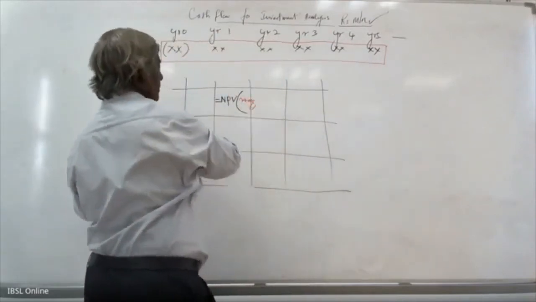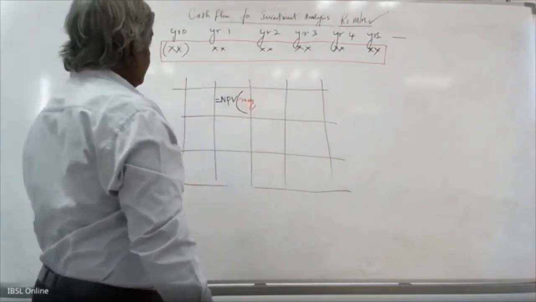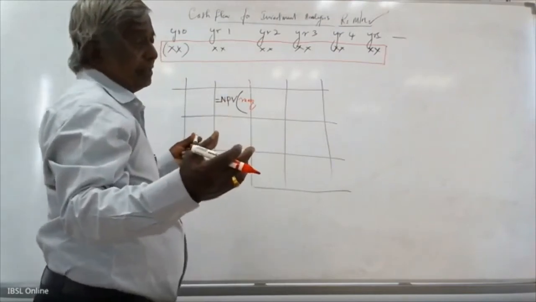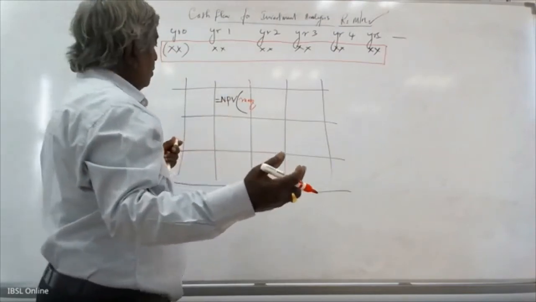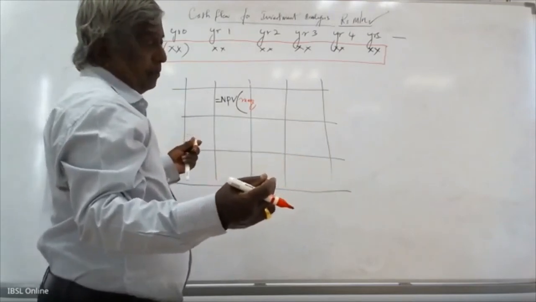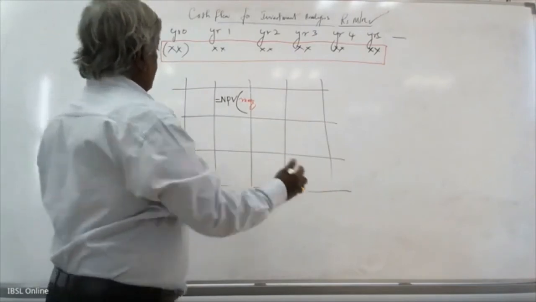Put a comma. Then the computer will ask for the discount rate, or the interest rate. You put the discount rate or the interest rate which you are going to use, in decimal.